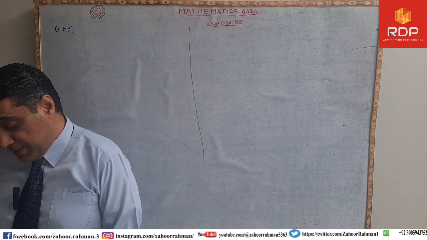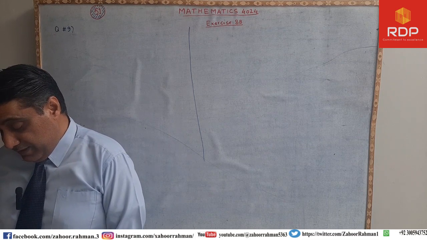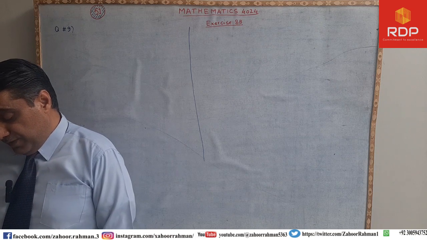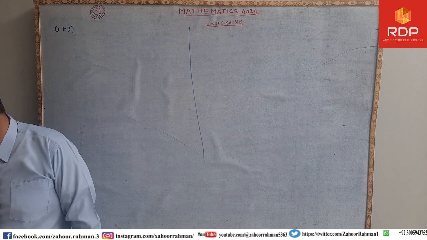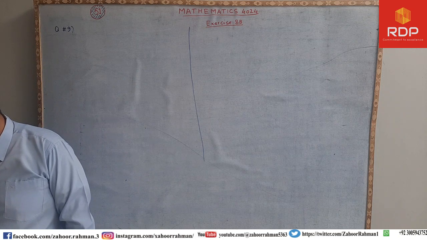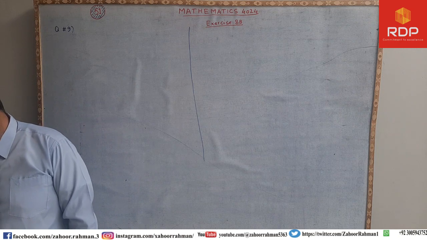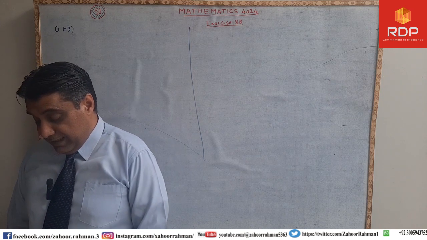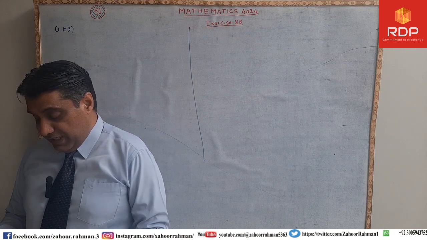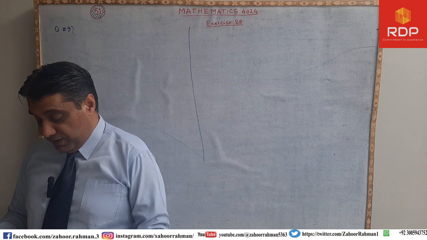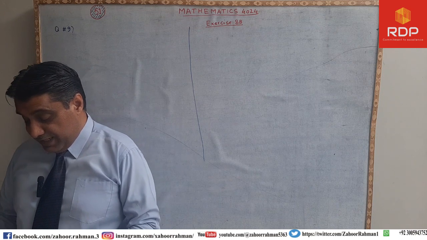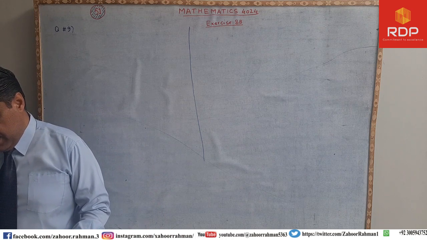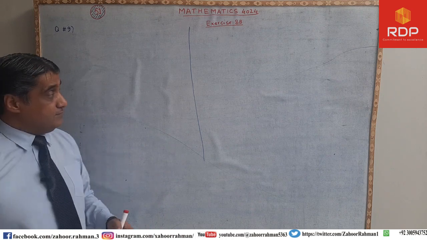If 10% is deducted from a bill, $58.50 remains to be paid. How much is the original bill? Deduction means that you are decreasing. So we have to find 90% of the bill.